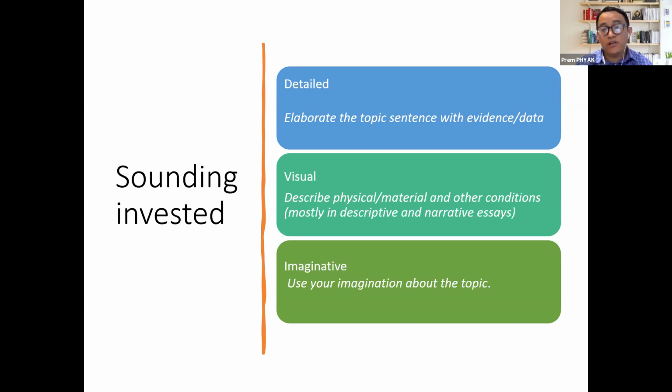For example, you describe physical material and other conditions. Mostly if you are writing descriptive or narrative essays, it should really visualize what you are writing about, right? And also be imaginative, right? You use some kind of creativity and imagination about the topic, right?